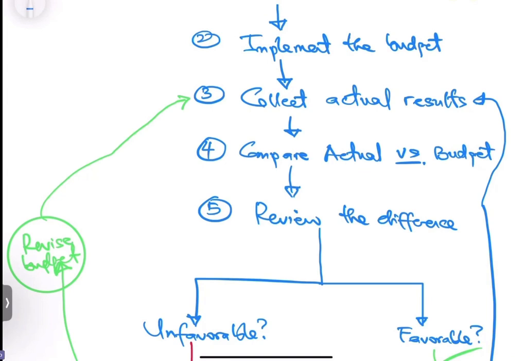If it is controllable and you did not achieve your budget, then it is your fault, and we'll have to take action. However, if it is due to uncontrollable factors, external factors, then we'll say it's not your fault. So we can adjust your budget next time such that it's within your control and you can deliver.